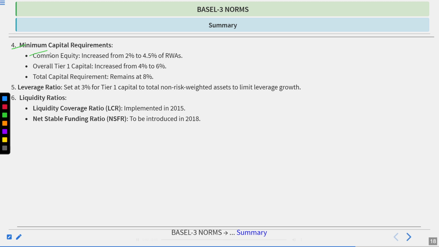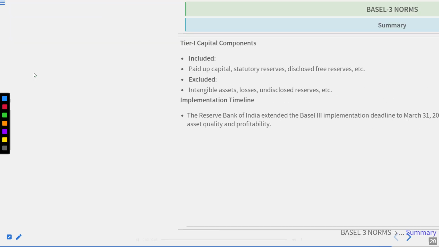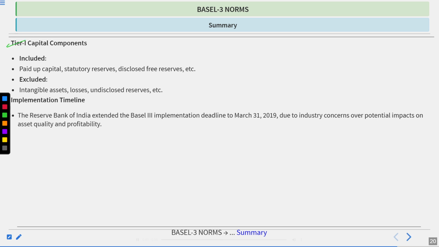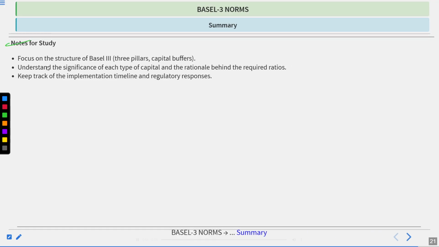Minimum capital requirements like common equity, overall Tier 1 capital, total capital requirements, leverage ratio, liquidity coverage ratio, net stable funding ratio, and minimum ratios for Basel III like total capital to RWAs, common equity to RWAs, Tier 1 capital to RWAs, core Tier 1 capital to RWAs, capital conservation buffer, leverage ratio and counter-cyclical buffer. Tier 1 capital components including paid-up capital, statutory reserve, disclosed reserves, etc. What is excluded we have seen. The implementation timeline we have seen. Notes for studies we have seen.